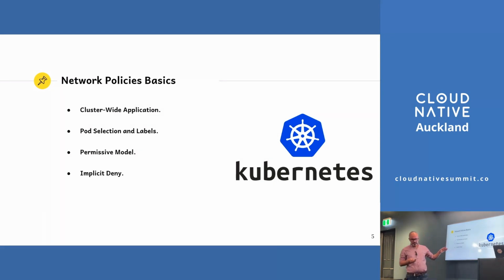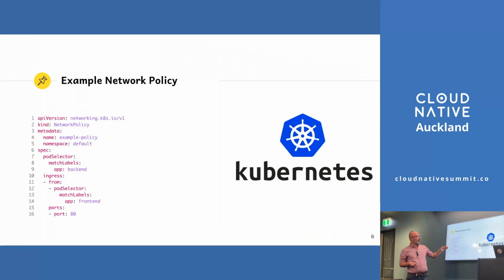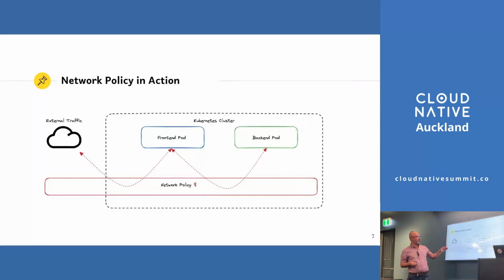But what I'm saying here is that the network policy in Kubernetes is almost like a cluster-wide network policy. What I mean by that is that you could have one network policy to apply on all these pods. You could have multiple layers of complexity, that's okay, but you could use one network policy to rule them all.